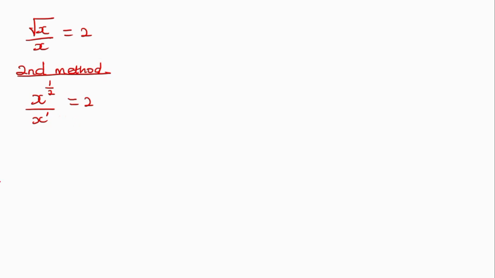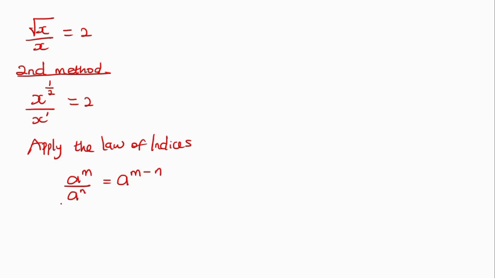So once we have this right here, all we want to do is to simply apply the law of indices. We have that a to the power m over a to the power n is equal to a to the power m minus n. So applying this law, we have that x to the power of 1 over 2 minus 1 is equal to 2.